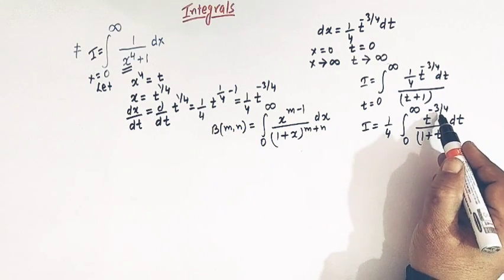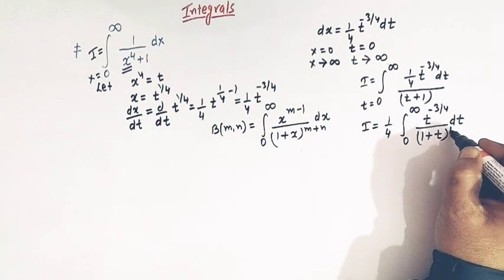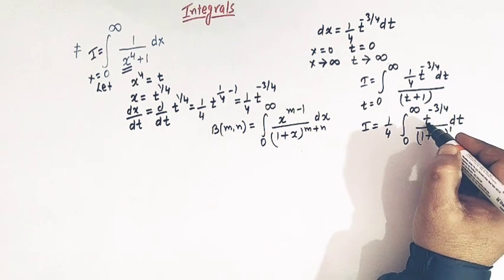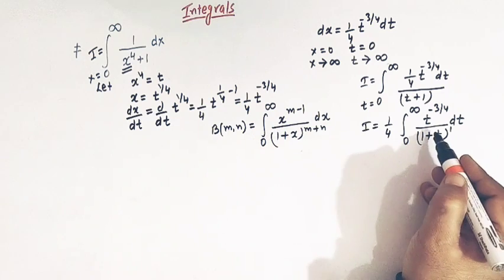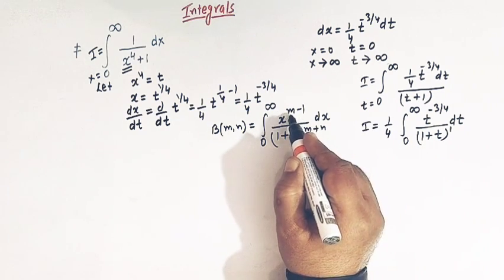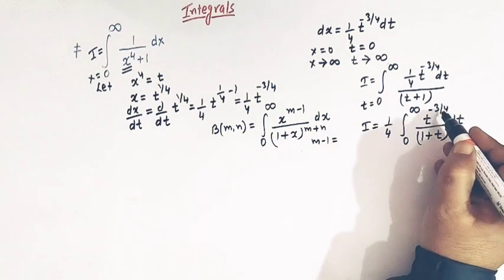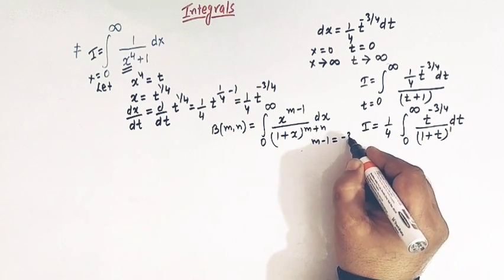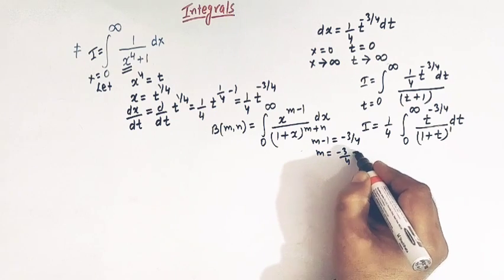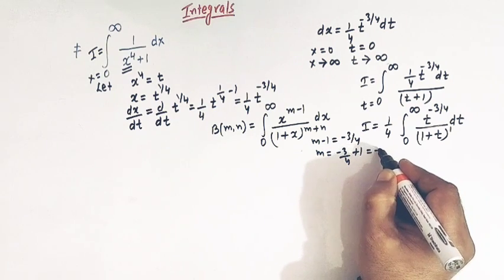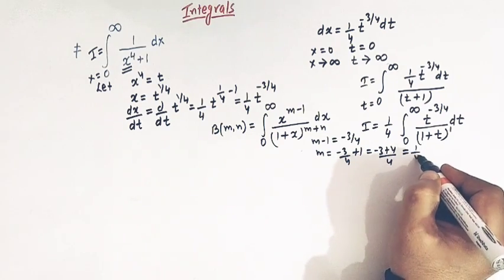Here we have 1 plus t raised to 1, and here we have t raised to minus 3 by 4. So let us compare these two integrals to get the values of m and n. m minus 1 can be taken as minus 3 by 4. So m is minus 3 by 4 plus 1, that is minus 3 plus 4 over 4, that is 1 over 4.